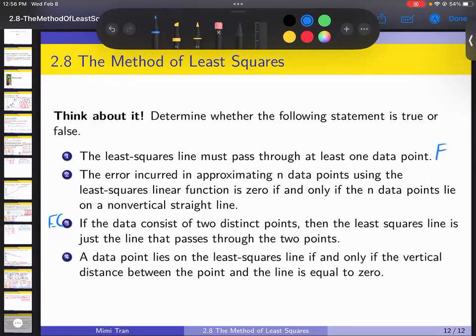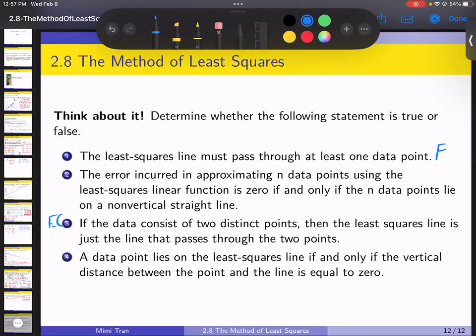The error incurred in approximating n data points using the least squares linear function is 0 if and only if the data points lie on a non-vertical straight line. Remember, error is the little distance between the point and the line. Do you understand this question?